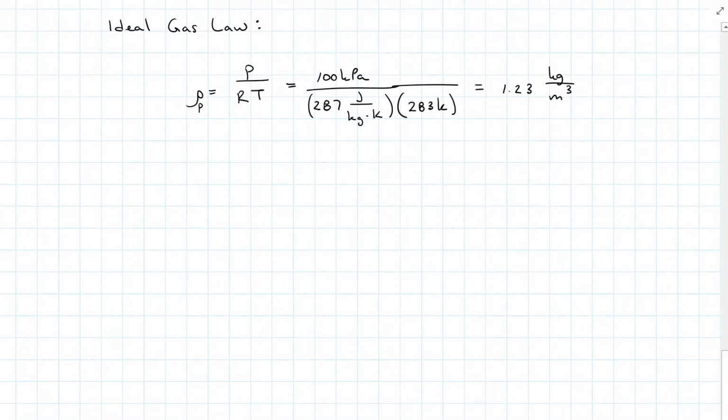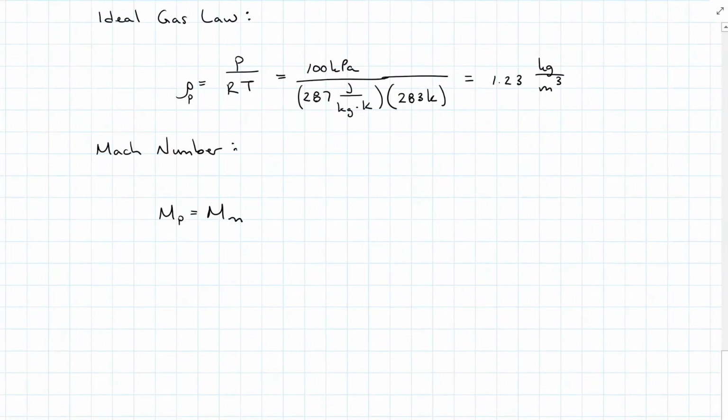So let's use Mach number to get the velocity. The Mach number of the prototype needs to equal the Mach number of the model. And Mach number is velocity over the speed of sound. We were told, because this is an ideal gas, that our speed of sound can be represented by the square root of the absolute temperature.